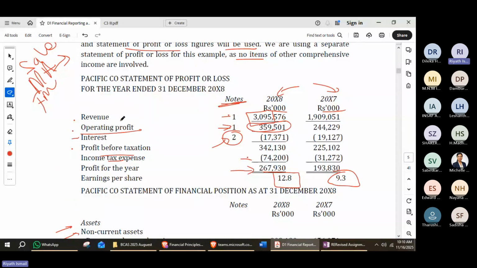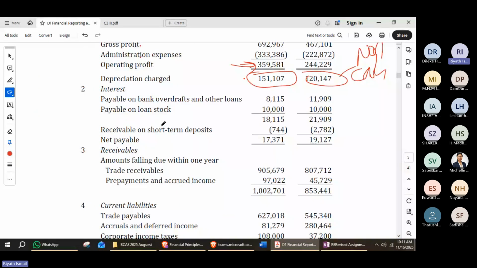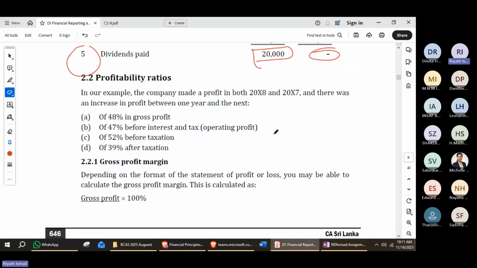That is operating profit. Likewise, you can find the details, interest note 2, receivable note 3, and current liabilities note 4. And dividend paid. Last year, no dividend. This year, 20,000 dividend they paid. Right.